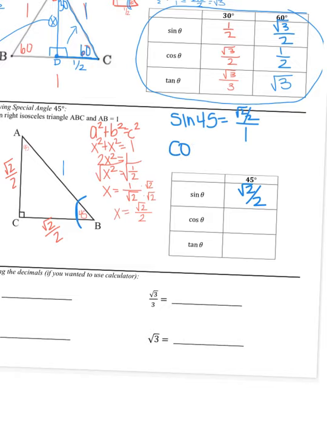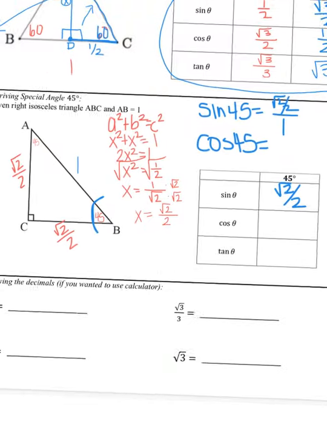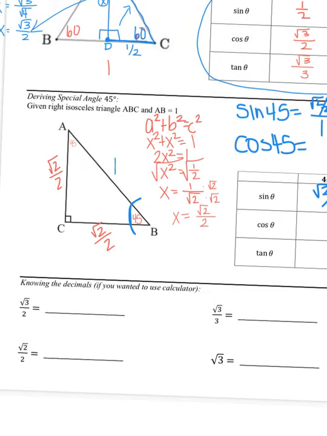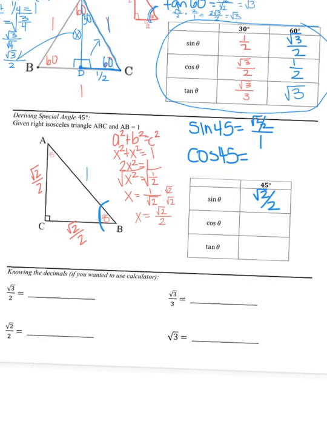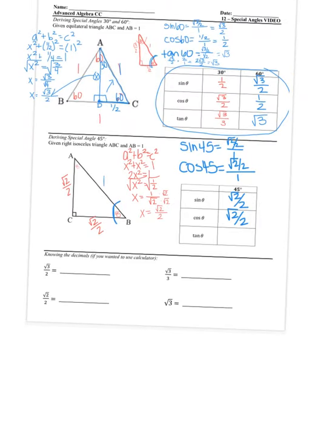Cosine of 45 degrees. Cosine is adjacent over hypotenuse. Adjacent to that angle is also rad 2 over 2. Divided by the hypotenuse is 1. So the cosine of 45 degrees is also rad 2 over 2. And then tangent of 45 degrees, ready for this one?